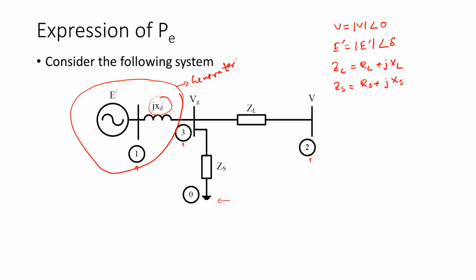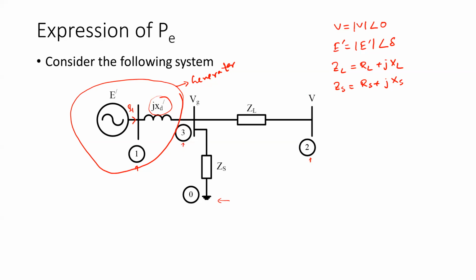Can I say that this voltage source is giving some amount of current from here? Say this is I1. Can I say this thing? Yes, sir.